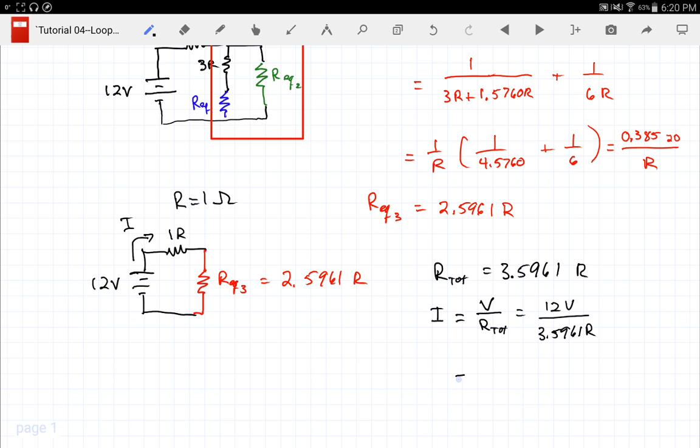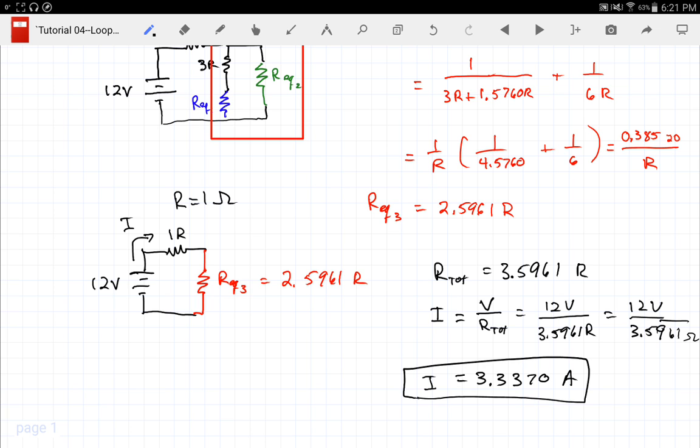And I'll have my current is equal to just 12 volts over 3.5961. So just take 12 divided by 3.5961, and I have 3.3370 amps.